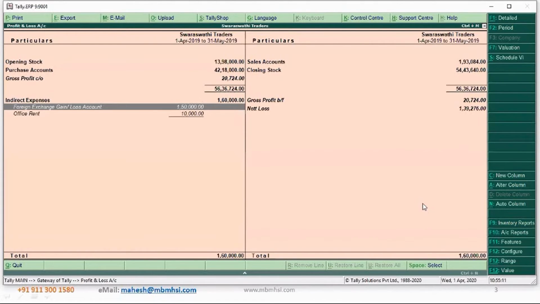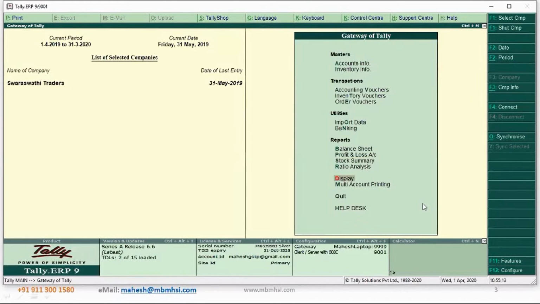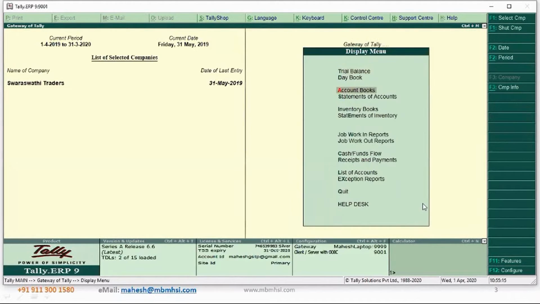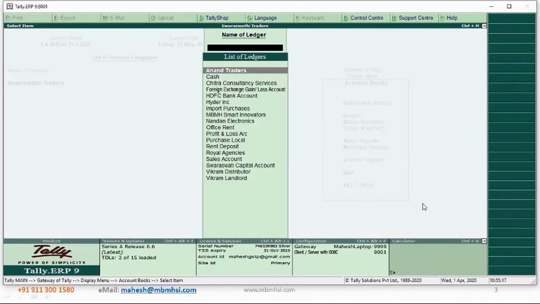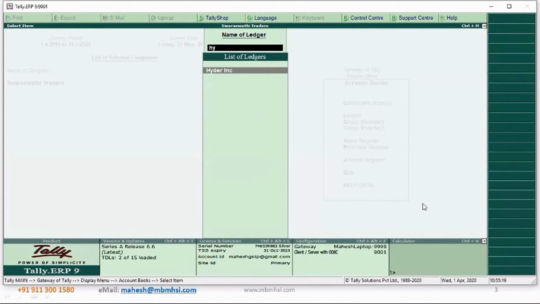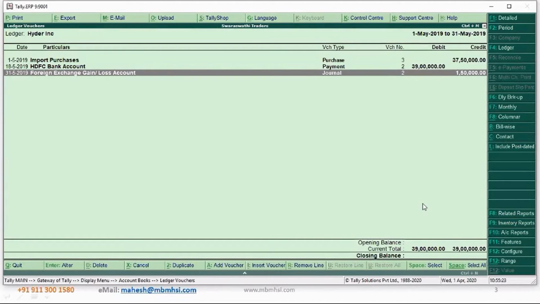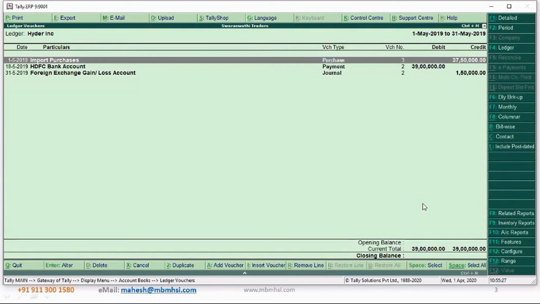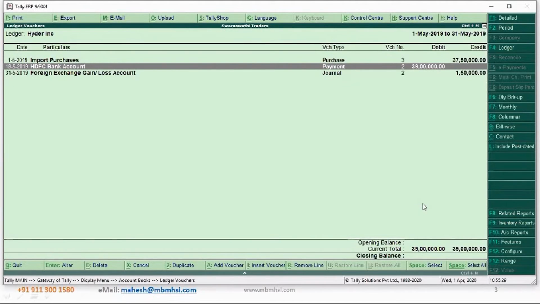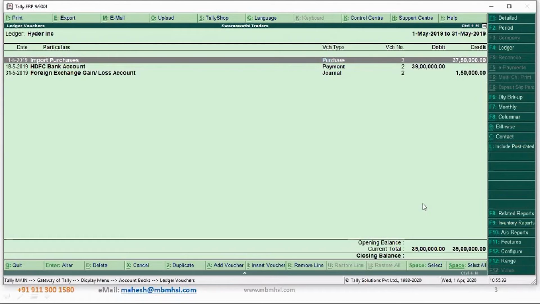And when you look at the party account, display accounts book, ledger, Haider Inc., that journal entry is appearing over here, and the books have been adjusted without any problem. Clear on this? Hope everyone is clear. Do you have any queries before we move on?